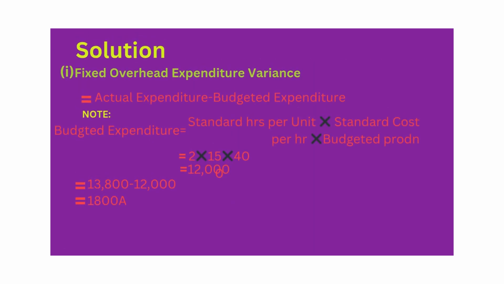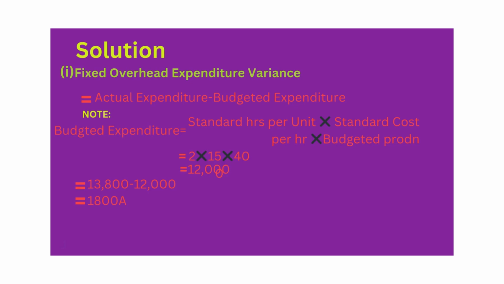Let's give a solution to our example. Let's start by calculating the fixed overhead expenditure variance, which is given by the actual expenditure minus budgeted expenditure. The actual expenditure is 13,800 shillings, minus the budgeted expenditure, which we calculate as the standard hours per unit multiplied by standard cost per hour multiplied by budgeted production.